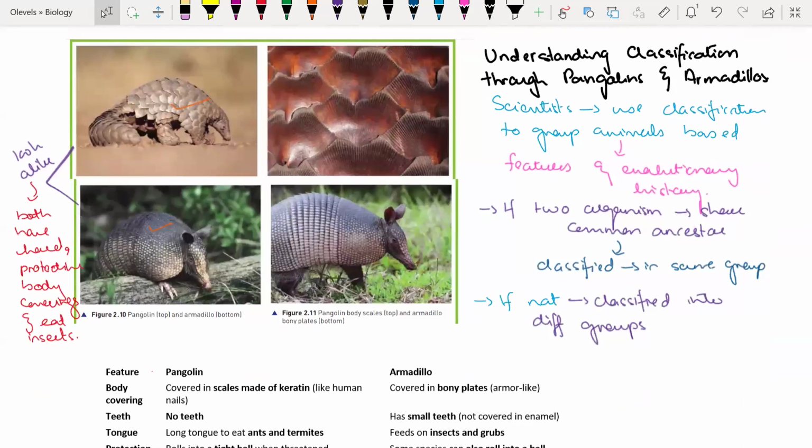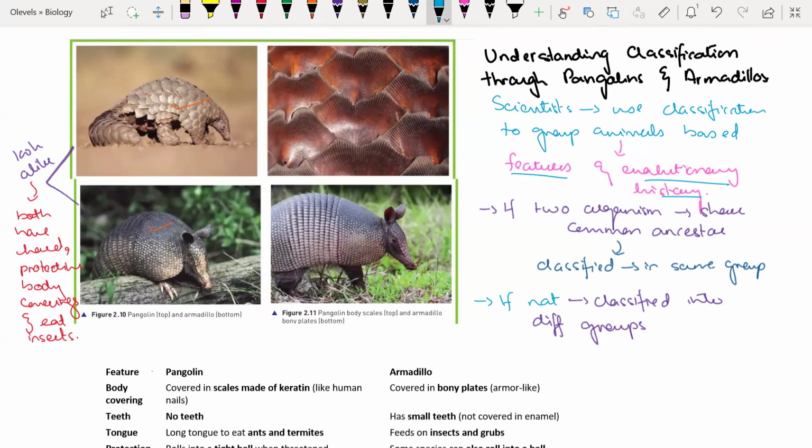Due to many reasons, some organisms can have similar characteristics to other organisms by chance. That doesn't mean that they are going to have a common ancestor as well, right? Okay. So while understanding classification through pangolin and armadillos, scientists use classification to group animals based on their features and evolutionary history, right?